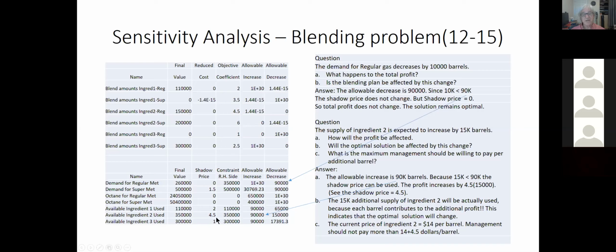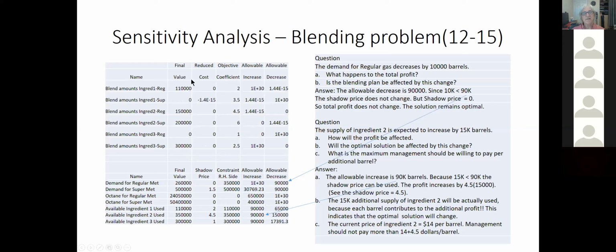If we argue that each additional barrel is adding $4.50, we are behind the scene also saying we are going to use this 15,000 additional barrels. But then if we do, we have to change the optimal blend, because the optimal blend from before did not use 15K. Now it is going to, so the optimal solution is going to change.